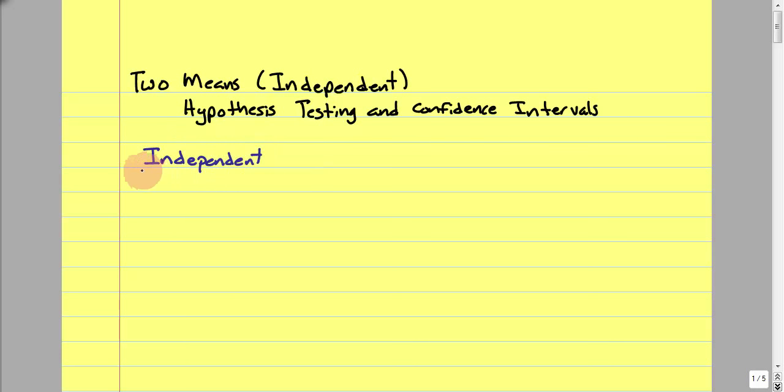So when we talk about independent, what we're referring to is basically how two populations are separated and how individuals are selected from each population.